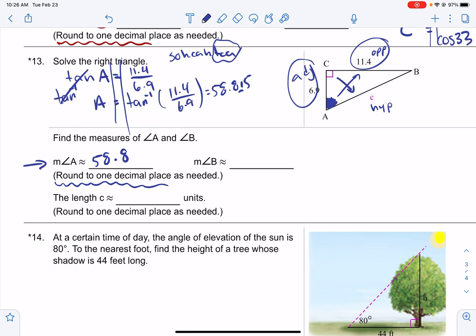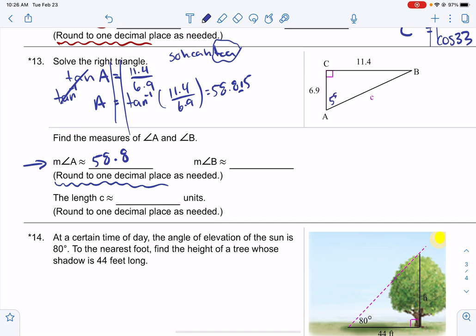All right, now to find angle B. Now that I know angle A, I'm looking for angle B. And there's a couple of different ways that we can do this. You can start over and you can use angle B to label the triangle and find what angle B is. But there's a shorter way because I know that the angles of a triangle add up to 180.